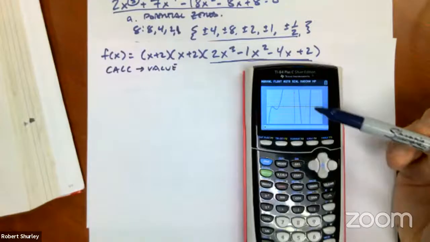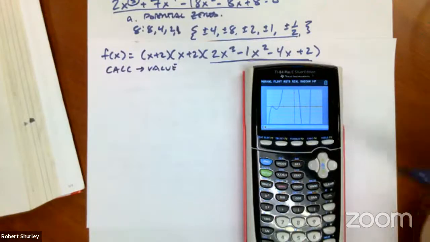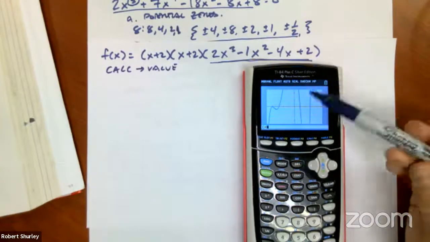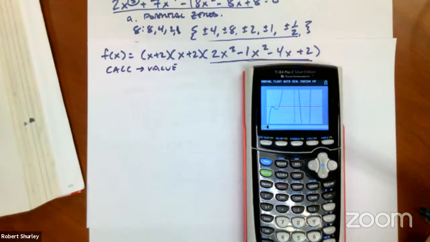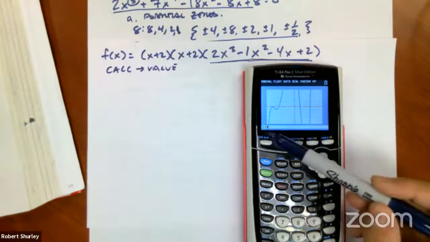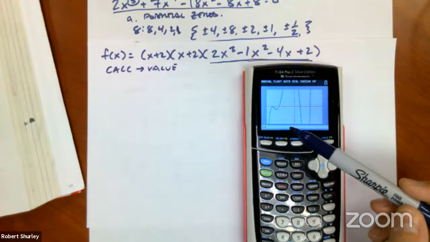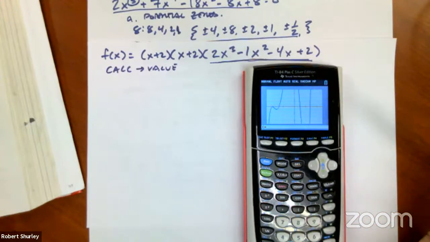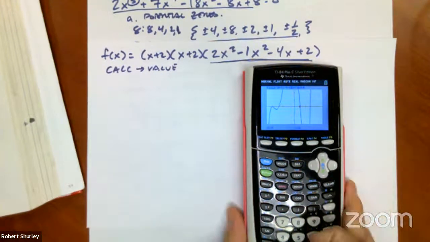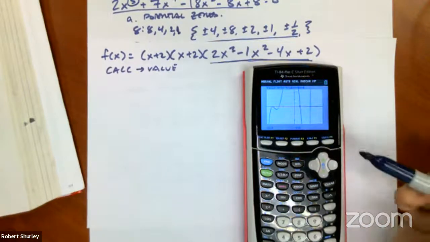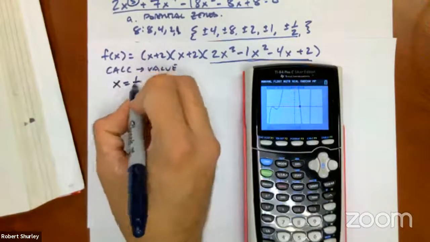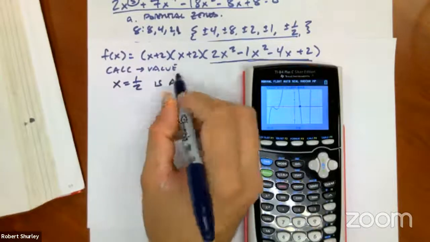Notice it'll bring you back to the graph, but it's asking you for the x value you want to find out. I think 1/2 is 0. And we know due to the remainder theorem, if I plug in 1/2 and it gives me back 0, that means that must be a 0. So I'm going to put this in as a decimal 0.5. And notice my y value there is 0. So therefore, x equals 1/2 is also a 0.